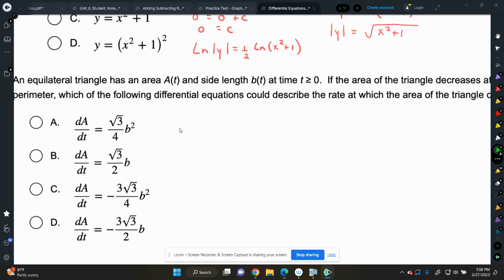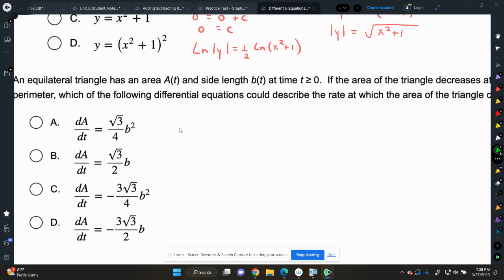Well, equilateral is three equal sides, so it's not going to be one-third base times height, is it?